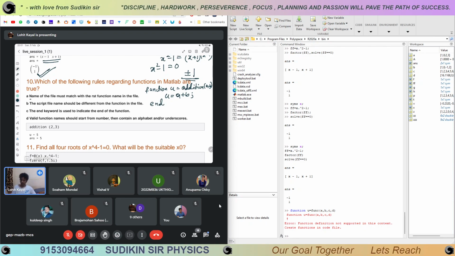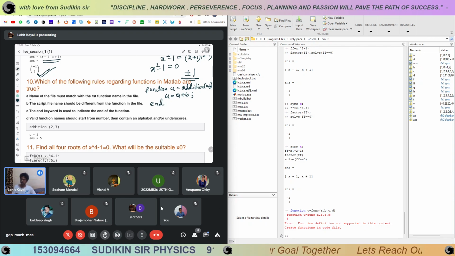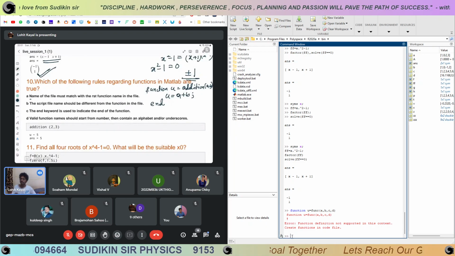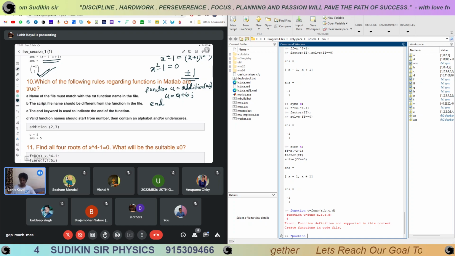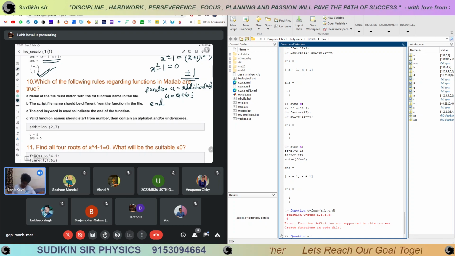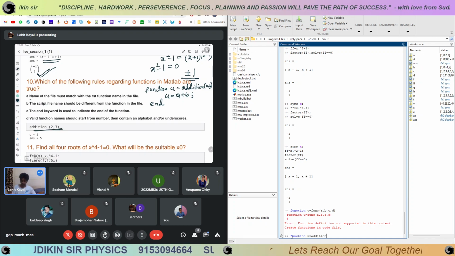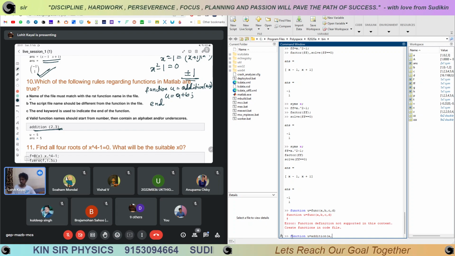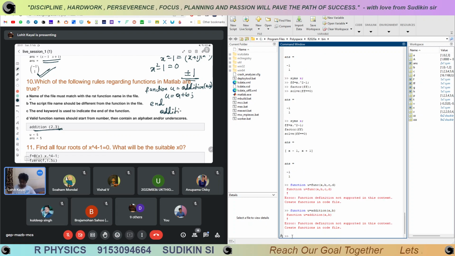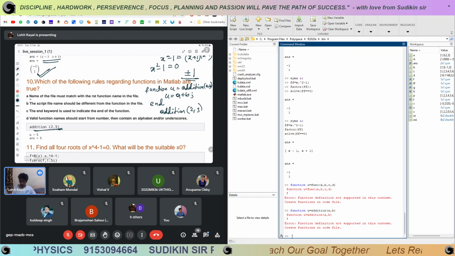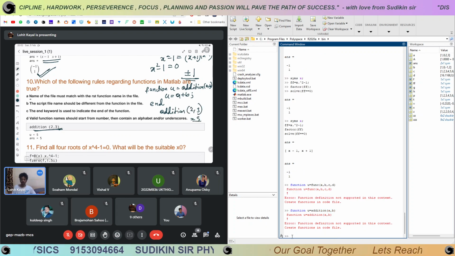Finish it here. Save it. MATLAB will save the file as addition.m. Now go to a new script. There you just write this command, addition 2, 3. This should be in the new script. Just write addition 2, 3 and MATLAB will give you result equal to 5.